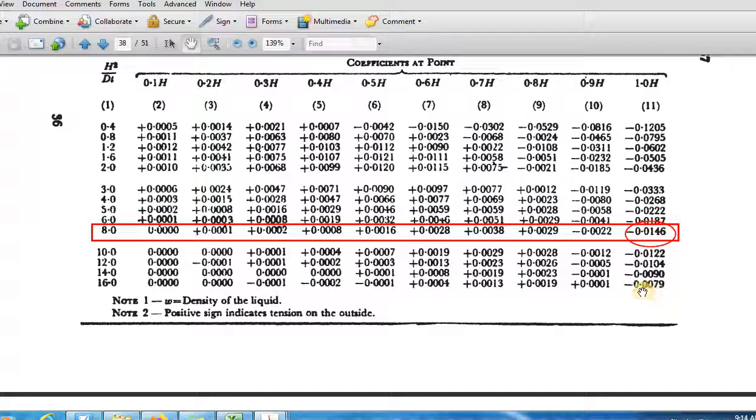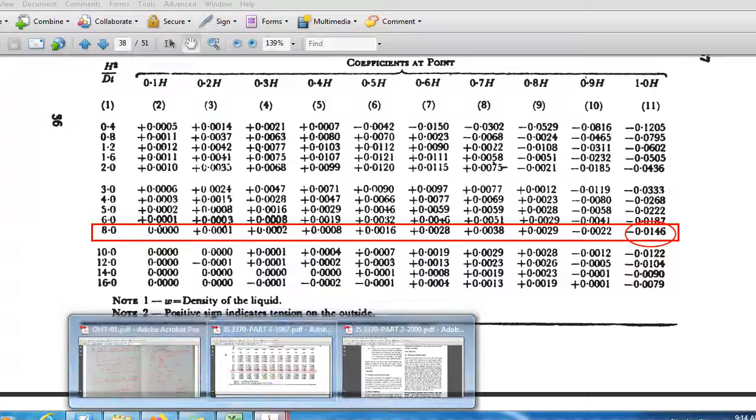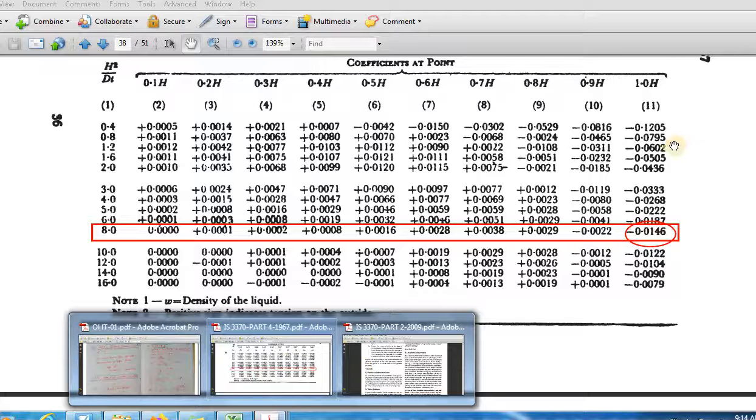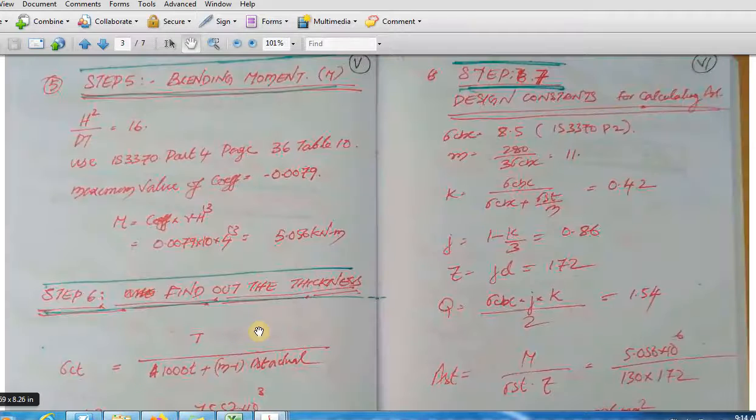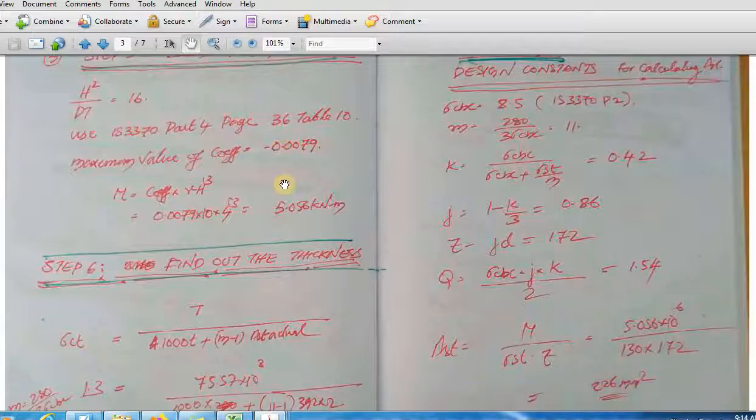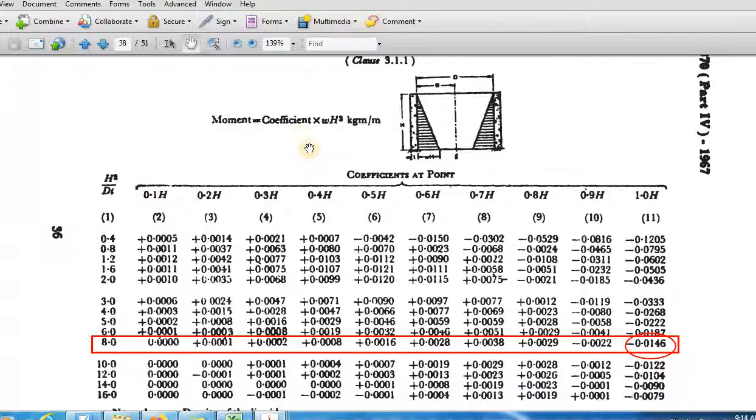Okay. So for the magnitude you take only the modulus value. So 0.0079, which is at the bottom. Okay, because we are considering from the top, 0.1h, 0.2h, so it is at the bottom. So you know that bending moment is nothing but, you can see here, coefficient times gamma h cube.